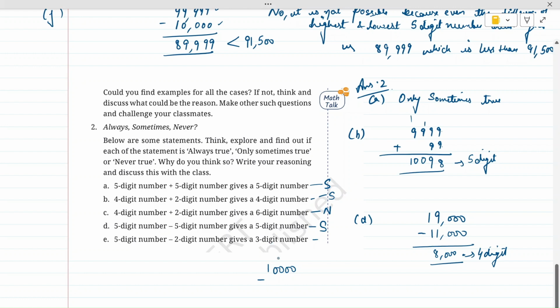Since we need a 3-digit number, I will take the highest 2-digit number, 99. 10 minus 9 will give me 1, 9 minus 9 is 0. This will give me 9, 9, 9, 9. So it gives me a 4-digit number. So even if I take the smallest 5-digit number and the biggest 2-digit number, still I am not getting a 3-digit number. I am getting 4-digit only. So this is never true.